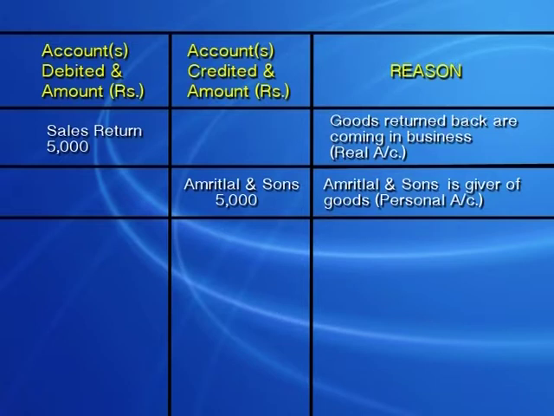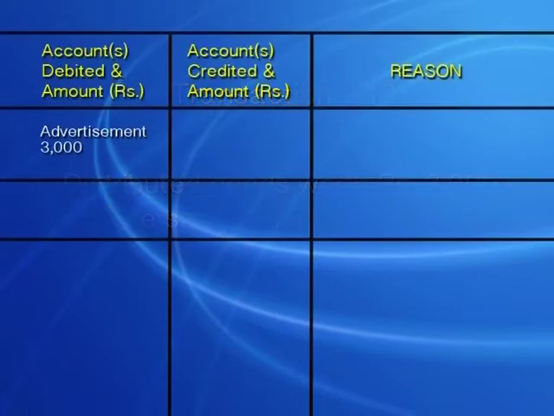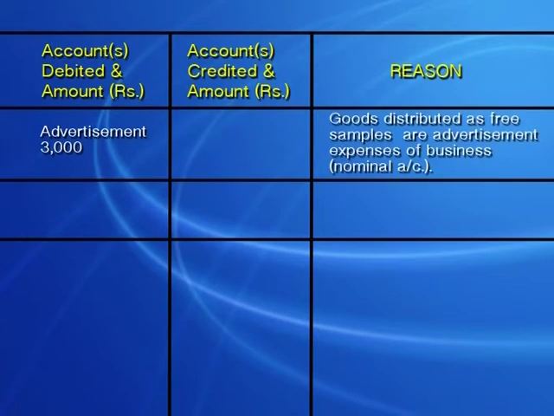Let us take some extraordinary transactions. For example, we are distributing, we means the firm is distributing goods worth rupees 3,000 as free samples. Now, when you are distributing goods as free samples, it is basically your advertisement expense, right. So, advertisement is an expense. So, we are debiting this account for 3,000 rupees, the value of goods distributed.